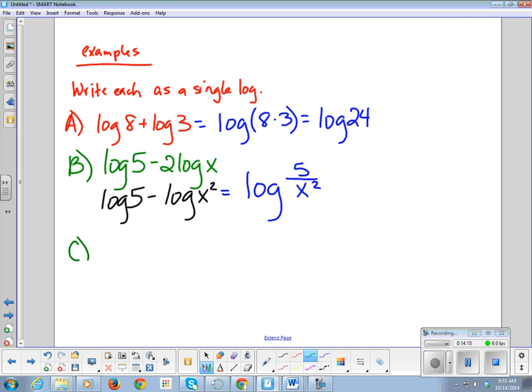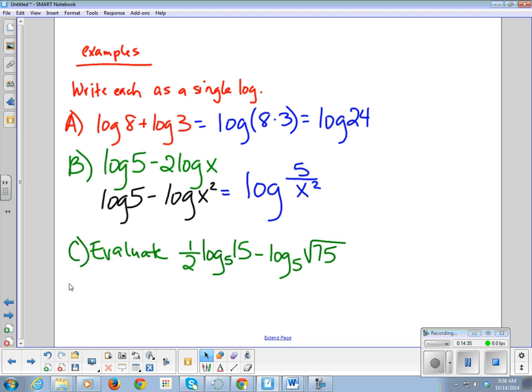Here, C, we're going to evaluate. Evaluate means you come up with a number. So we need to pull this 1/2 up onto the 15.